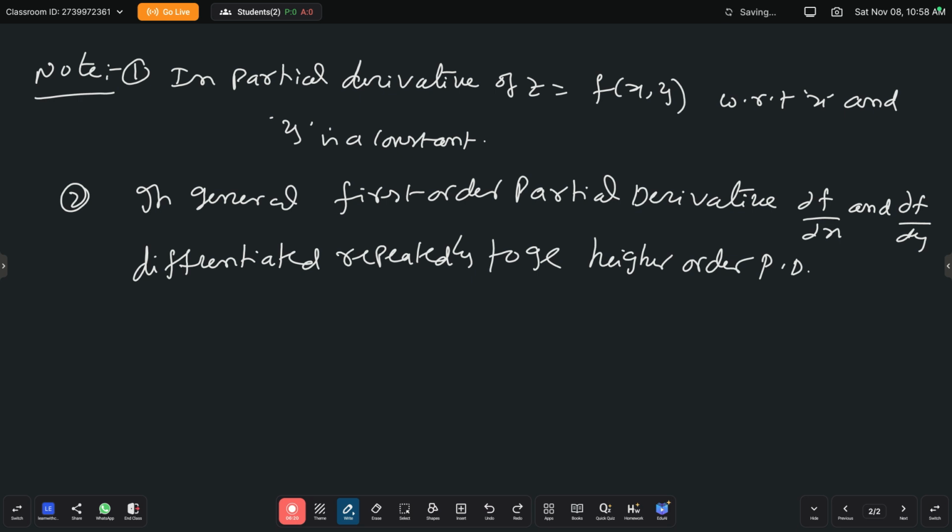Now the higher order partial derivative is represented as follows.